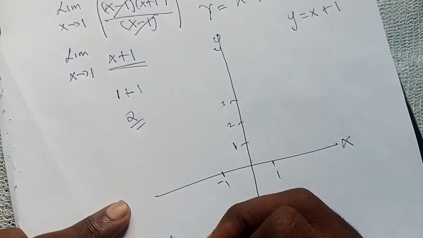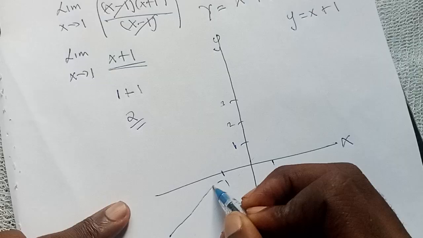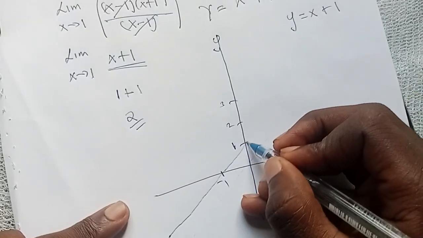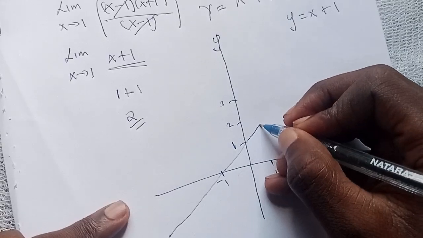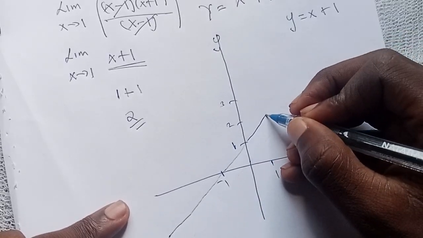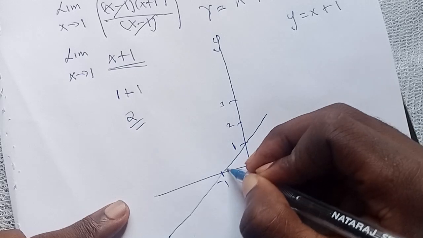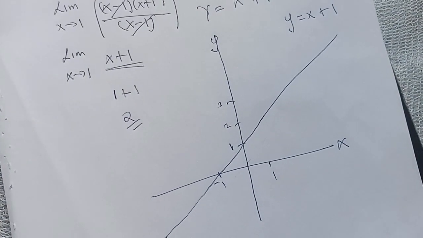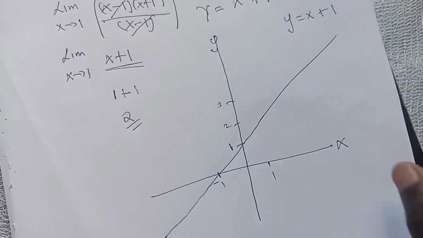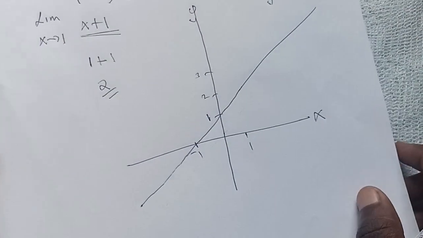So you have a straight line which runs in this manner. Let me just do it step by step so that I don't confuse people.